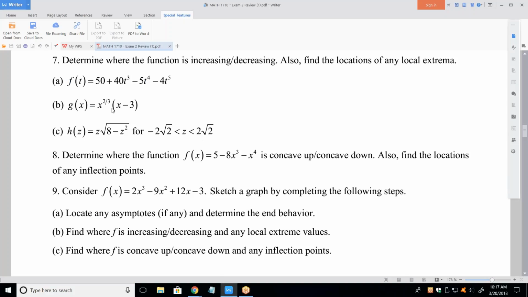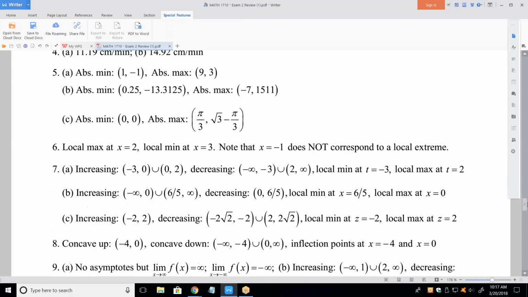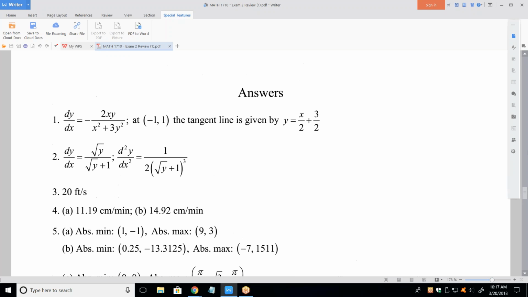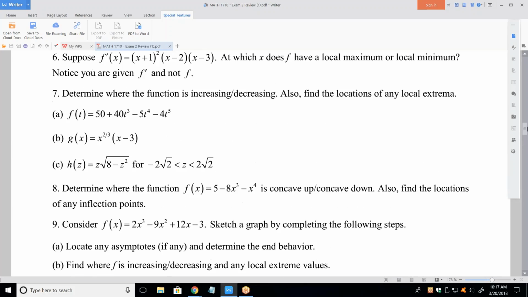And I'm quite sure if we look at the bottom of the page, what is this, 7b? I don't understand how they're getting negative infinity to 0. No, I don't either. Something's wrong with that.